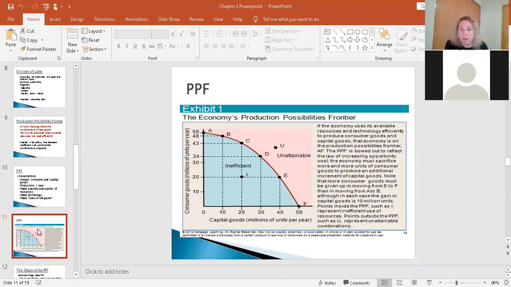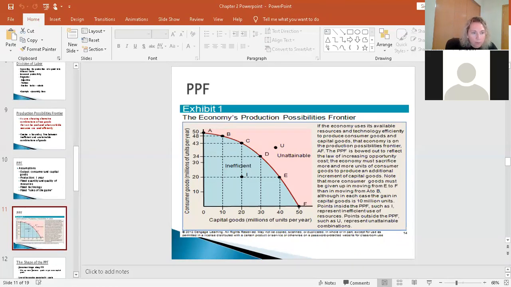Now, is there probably a community, a small community or tribe somewhere who is really monitoring full usage of all their resources? Yeah, absolutely, because they probably need that for survival. But in most economies, that's not going to be the case. We are going to produce at least at some range inside of our PPF, okay?